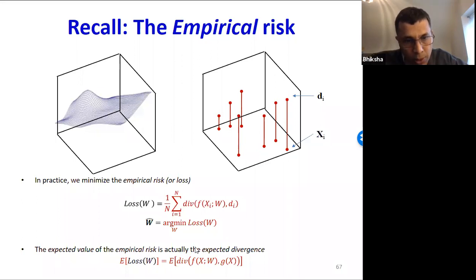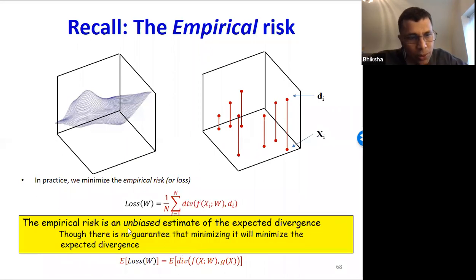So the loss was an unbiased estimate of the actual objective that we would like to minimize. And so the empirical risk is an unbiased estimate of the expected divergence, although there's no guarantee that minimizing it will minimize the expected divergence. We saw this in the last class.